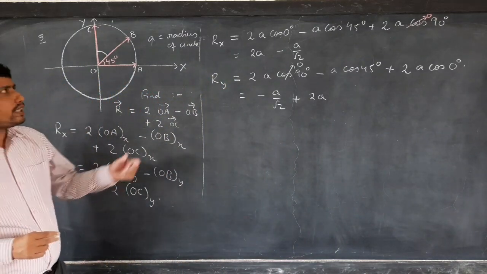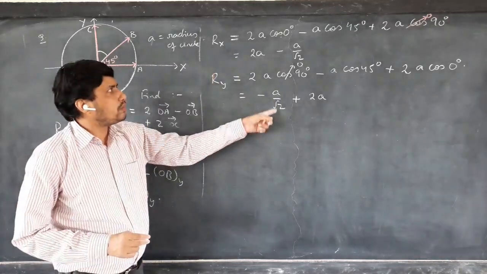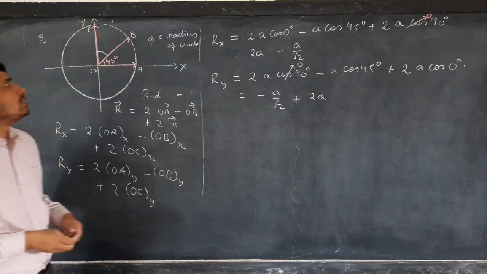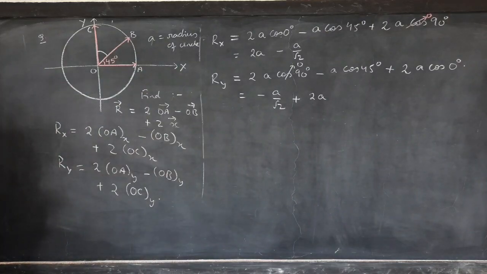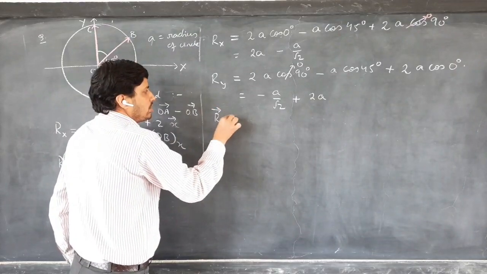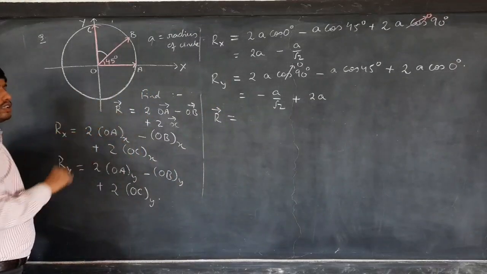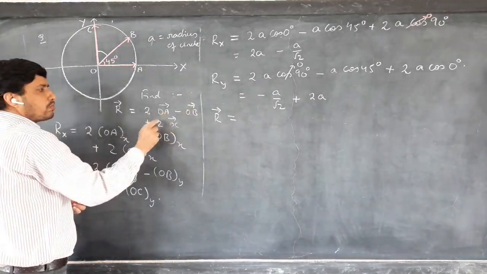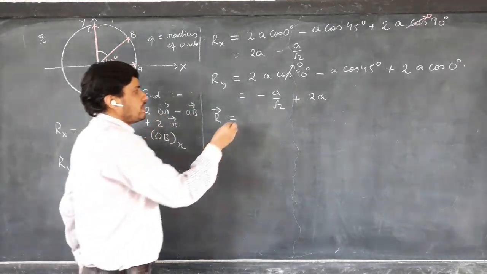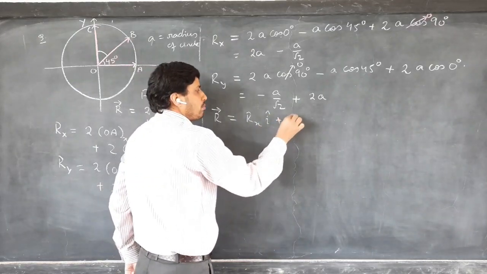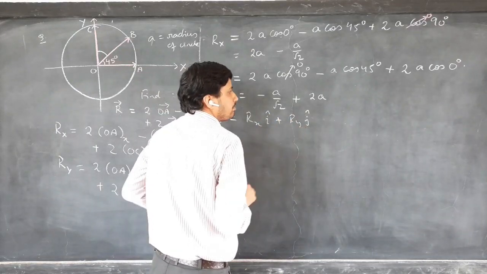Now it's interesting to find that Rx and Ry both have the same magnitude. This can be written as 2a minus a by root 2 and so on. So R vector, which is our 2OA vector minus OB vector plus 2OC vector, will be written as its x component times i cap plus y component times j cap.